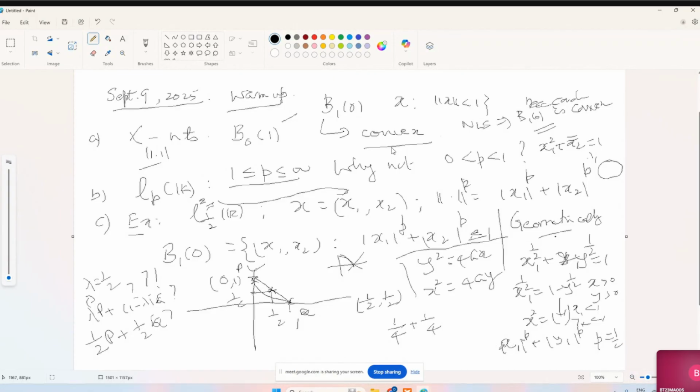So half squared, I have to take the square root, and again half squared, take the square root. What do you get here? Half plus half, but you have two halves, so it will be 2 into this. It will be 2, which is not less than 1. Therefore, this ball is not convex.